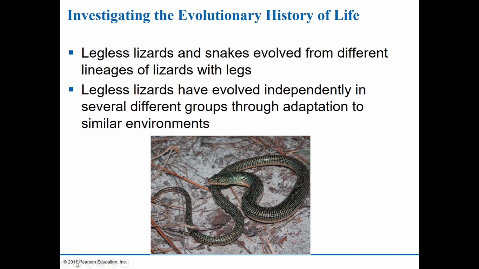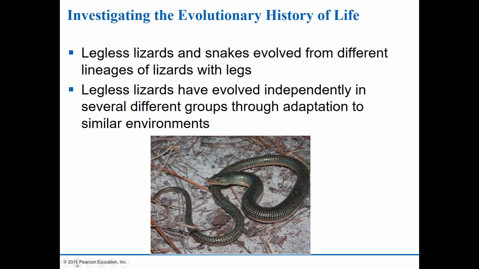So to give you an example of a couple of animals that seem to be related, but maybe aren't exactly the same. If we look at legless lizards, like I think we call them skinks, and also snakes, they are not sisters. I guess you could call them cousins. But legless lizards and snakes, although they look very similar to one another, are two completely different types of organisms made up of many different species.